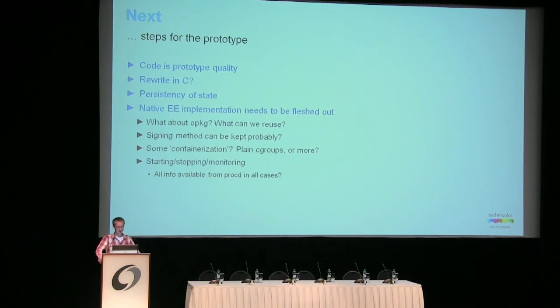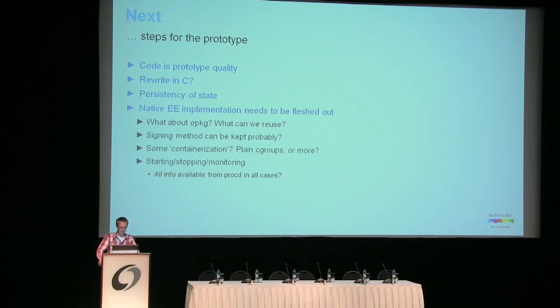Persistency of state and so on. The native EE also needs certain fleshing out. OPKG is a bit of a problem. We need to do something there. Reuse something. Do we just bypass it completely and manipulate these IPKs ourselves, because they are basically just gzipped tarballs. The signing method, is that okay? Maybe we want to go security-wise beyond just unpacking something and running.